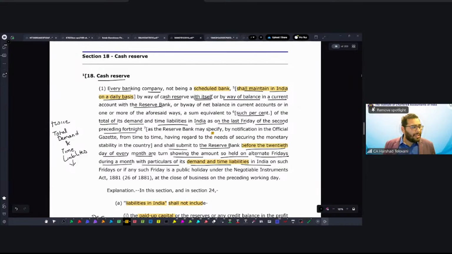Now, to calculate that cash reserve, you need to use a formula which is a sum equivalent to a percentage of its total demand and time liabilities on the last Friday. So that's a formula. But whatever amount it comes to, on a daily basis you are required to maintain that. So it's not only about the calculation part, it's about the maintenance part that we as an auditor are required to look into, whether the CRR was maintained on a daily basis or not.